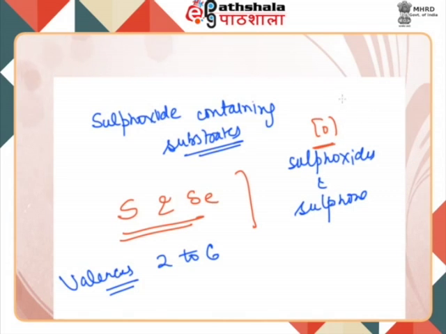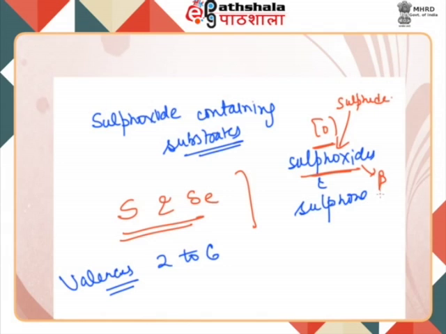So, when you have sulfides in the organic compound, that is how the oxidation process goes. And sulfoxides containing beta hydrogen can undergo beta elimination.